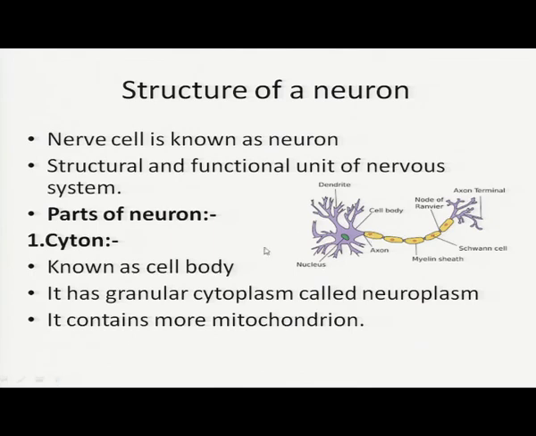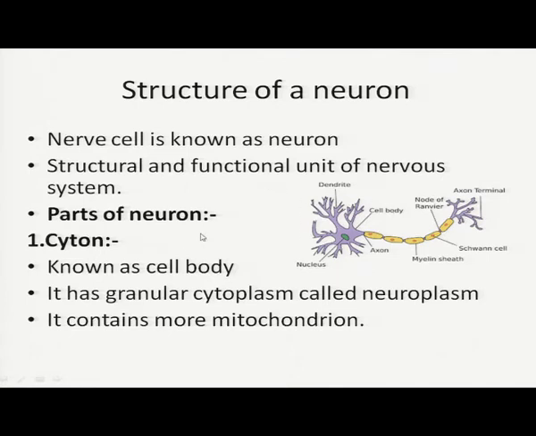Now, the structure of a typical neuron. Nervous cell is known as neuron, the unit of nervous tissue. It is the structural and functional unit of nervous system.